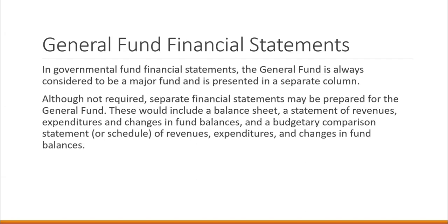Or what is most common is that we show our funds in different columns. So we have a large financial statement, and we have the general fund in the first column, and then various funds included, business type activities, and so on. Of course, we're going to build on these financial statements as we cover these different types of funds throughout the semester.